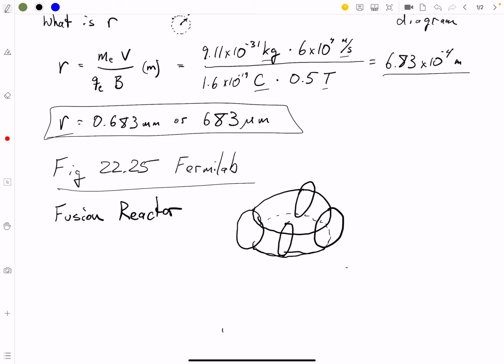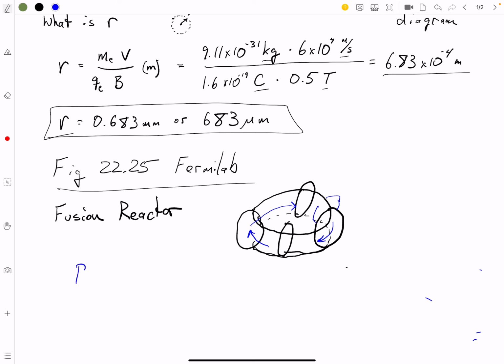Okay, so here's our donut. And they have to have B fields that wrap around this thing and keep the material running through the middle of the donut. It's called a toroid. And there are B fields that hold the charged particles in there.